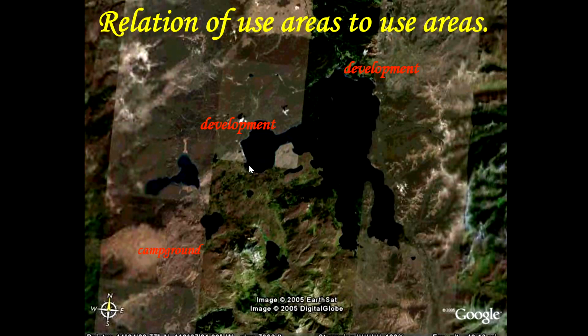Now applying that to a piece of Yellowstone. So this is the south central part of Yellowstone. And what we have here, this is Yellowstone Lake, and there's gas stations and campgrounds and visitor services here at Fishing Bridge area, and same here at West Thumb.